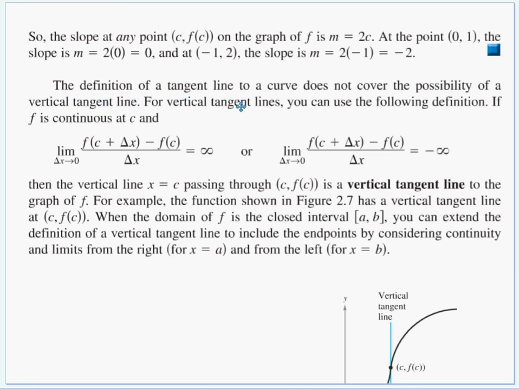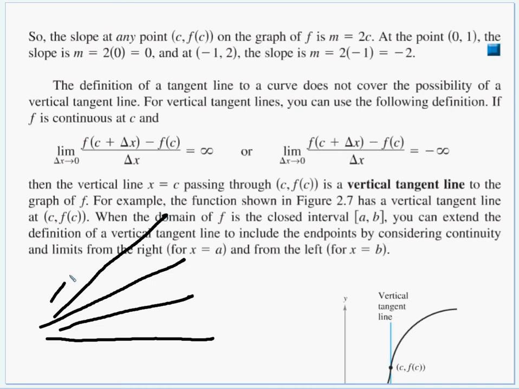The definition of a tangent line to a curve does not cover the possibility of a vertical tangent line. For those vertical tangent lines, we could use the following definition. Well, it's just going to be heading toward infinity. Think about, here is 0 slope. The slope, as our numbers get more and more positive, bigger and bigger, we get steeper and steeper.